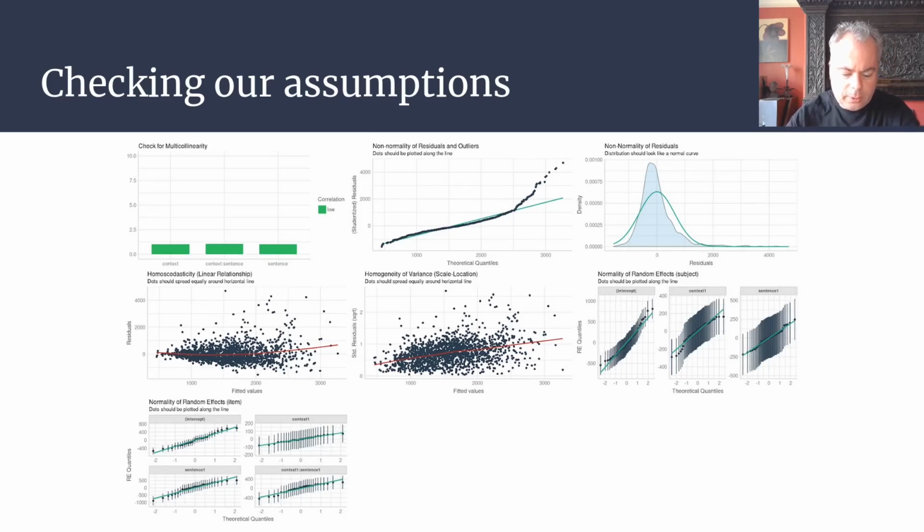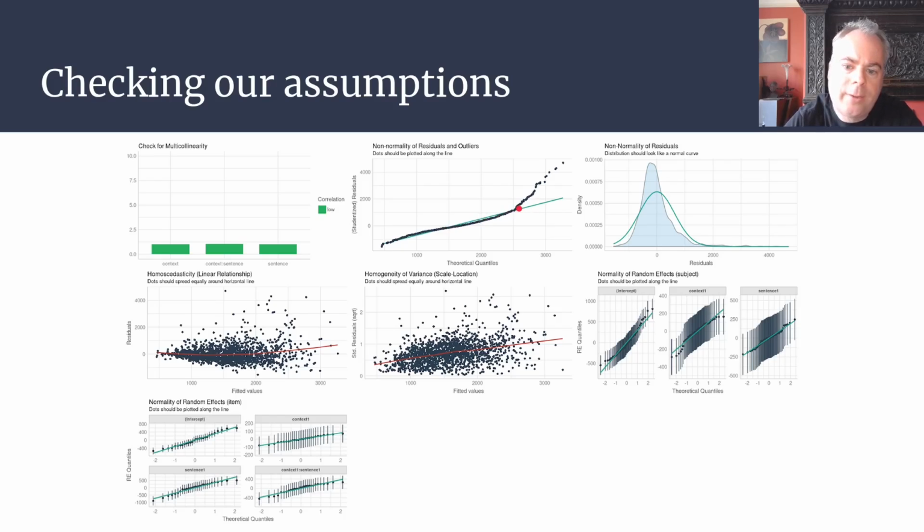Before we delve too deeply into understanding what the model parameters correspond to, we want to check some of our assumptions. We've got assumptions related to multicollinearity, and we see that the correlation between our experimental factors is low. We've got a couple of plots that tell us about normality or non-normality of our residuals. It's interesting because this looks pretty good to me up to about the 2.5 second mark.